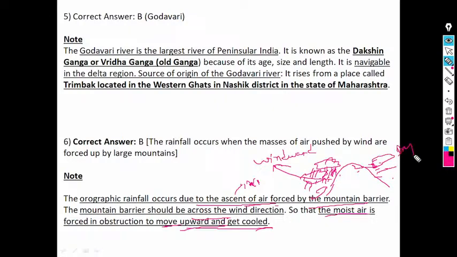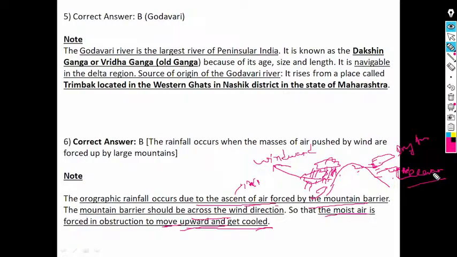This is the dry area. So this is also called the leeward side. Leeward side means the side which does not get rain. It's called the leeward side of the mountain. This is dry, for example, in India, Pune.